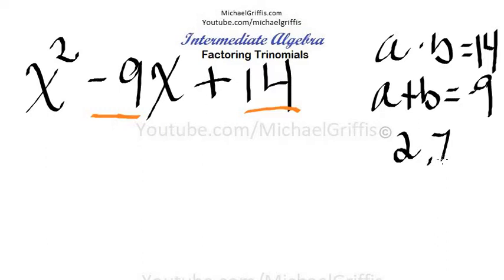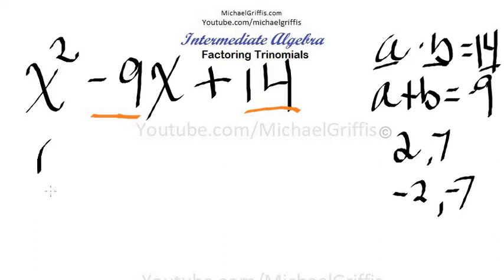But remember, these 2 numbers right here multiplied together must equal positive 14. So if 2 were negative and 7 were negative, negative 2 and a negative 7, we know that if we add them together we get negative 9, and negative 2 times negative 7 is a positive 14.